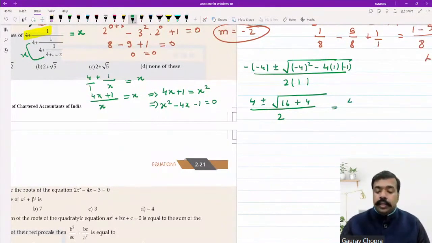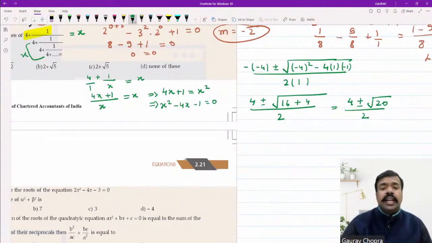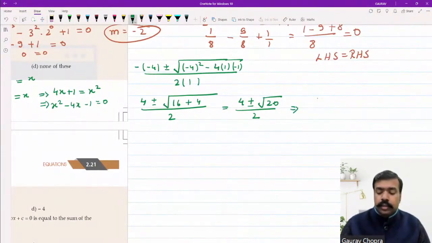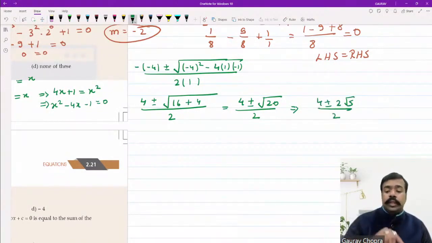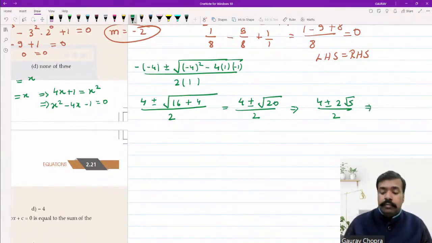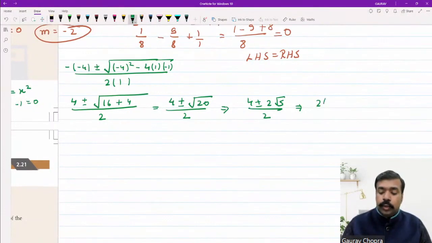Now what can be done? It is 4 plus minus root of 20 upon 2. Now how to solve the root 20? We can try splitting. It will be 4 plus minus 2 root of 5 upon 2. Now we can take plus one time and negative other time. But before that, let us take 2 as common and simplify.